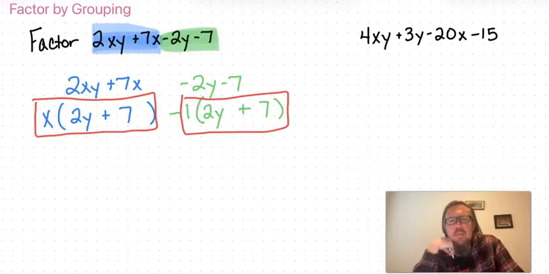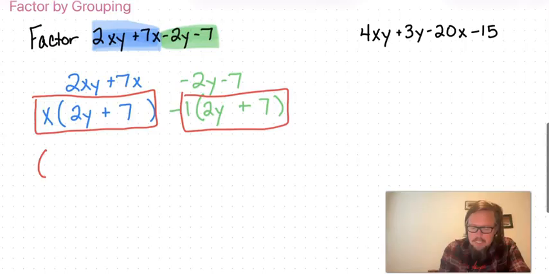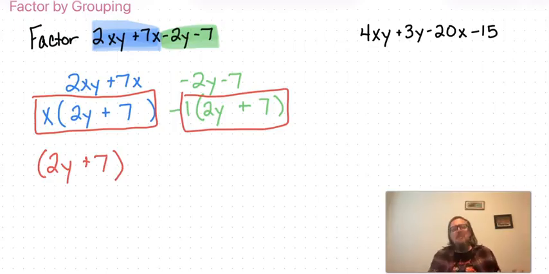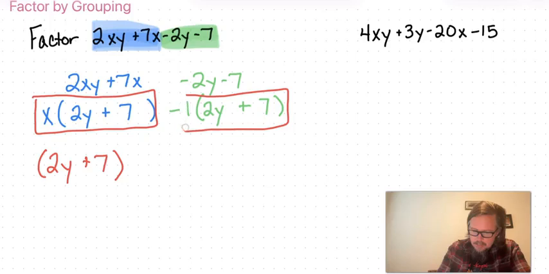Both of them have a set of parentheses that is 2y plus 7. And 2y plus 7 is going to be my greatest common factor. I'm going to put a 2y plus 7 right here at the beginning. Let me write this better. Let's include the minus sign here.